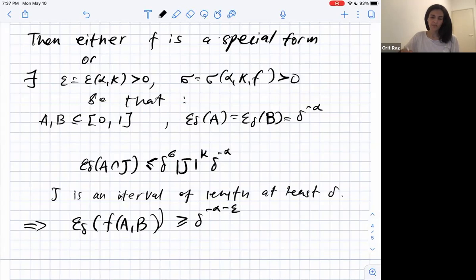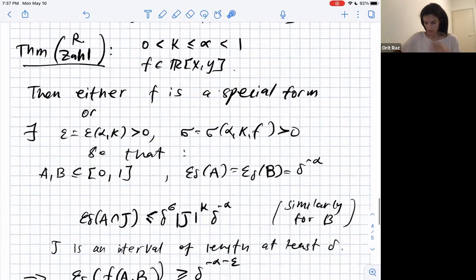And similarly for B, let me not write it for B. If you would try to write this non-concentration assumption, then you would have something similar, but the sigma will be 0 and kappa will be alpha. This is the natural thing to do. And here, this is some relaxation that we can do. Okay, so this is the statement.